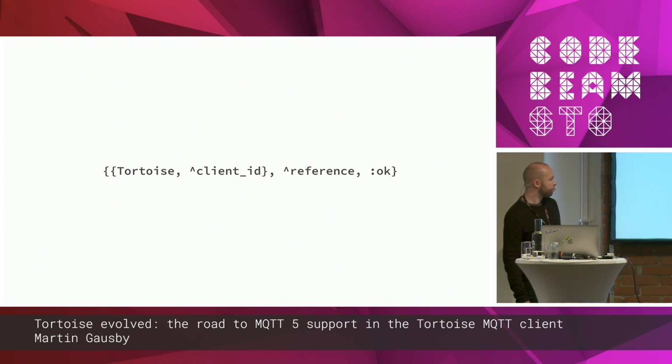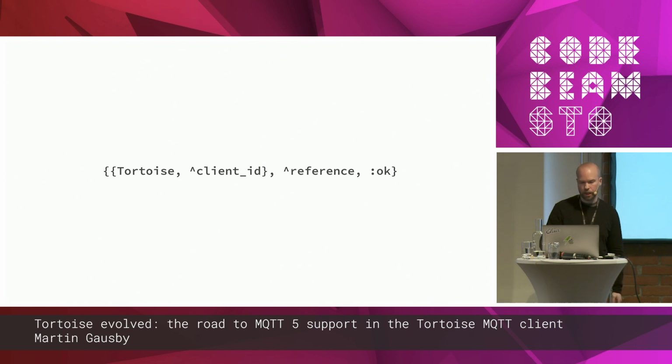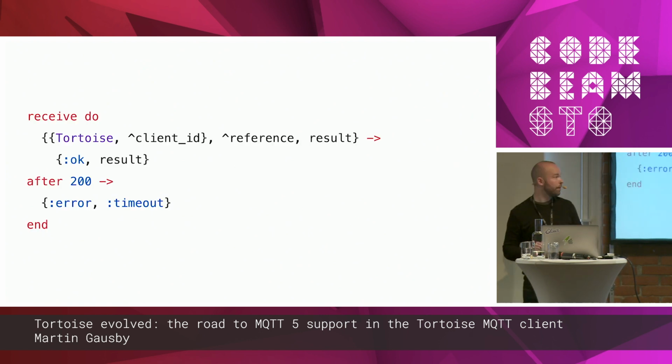And we have the reference, which was the one we made with makeref, and then we have the result. By doing this, we can basically implement our own receive semantics, right? So here I make a selective receive, and I can specify a timeout, like you would expect from an Elixir application.